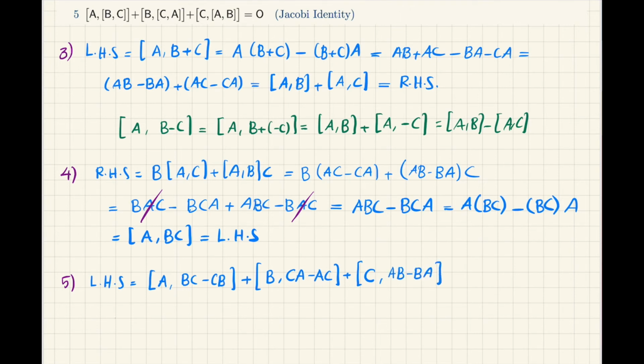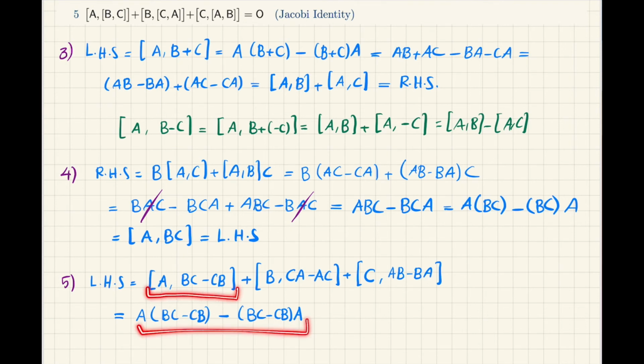Now, once more, I use the definition of a commutator in each one of these commutators individually. So this becomes the product of A with this one, minus the other way around. So this becomes A multiplied by BC minus CB, minus BC minus CB multiplied by A. And I will do the same thing for the other ones.